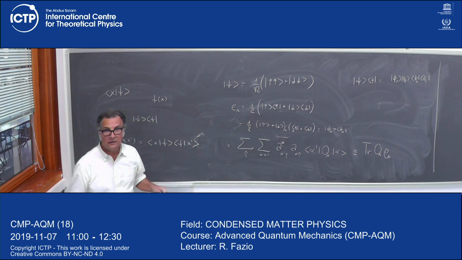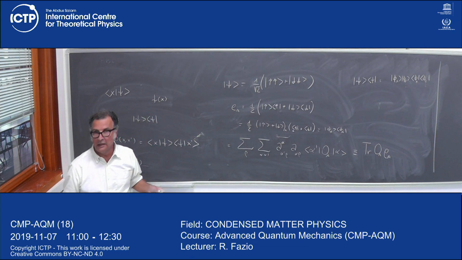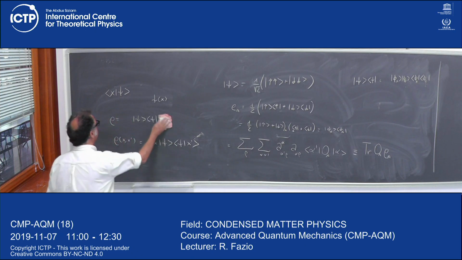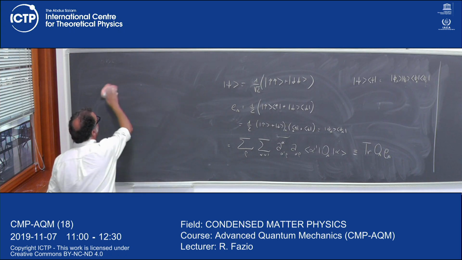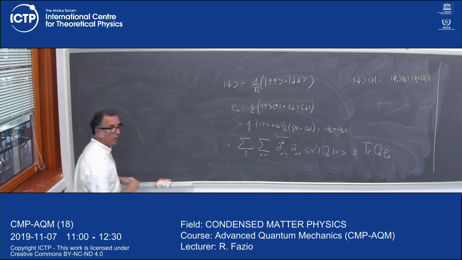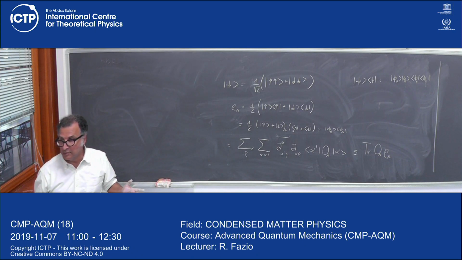So in the light of what we discussed, let's write down the density operator for a system in the canonical ensemble. Okay? So, you have a quantum system.